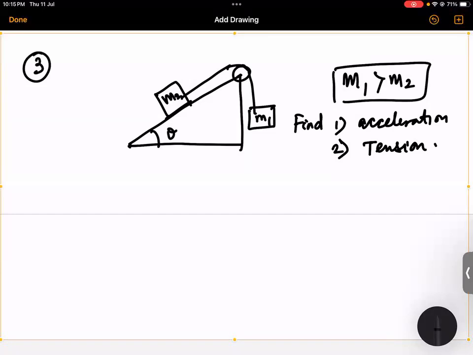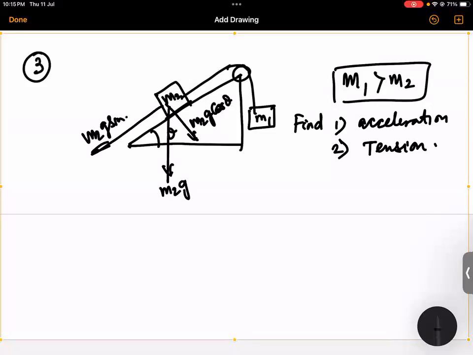Over here, what is happening? This is your theta. Once again I draw this, because you know that this is your M2g, this is your M2g cos theta, and this is your M2g sin theta. And this will be your M1g. Now, since M1 is greater than M2, I think you will agree that the entire system will be accelerating.